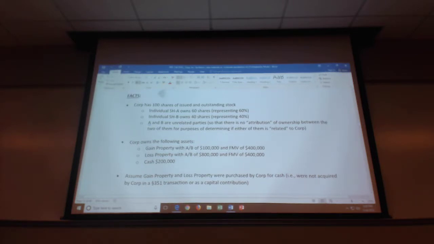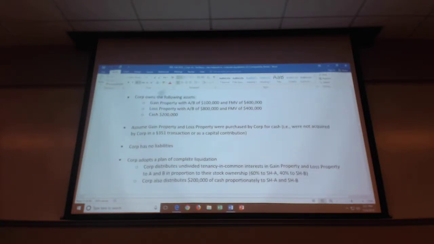The gain property has a basis of $100,000, a value of 400. The loss property has a basis of 800,000 and a value of 400. And the corporation also has cash of $200,000. Just makes the arithmetic simpler. The corporation has no liabilities, and in this example, we're assuming that these assets were purchased by the corporation for cash. In other words, they were not acquired by contribution from the shareholders.